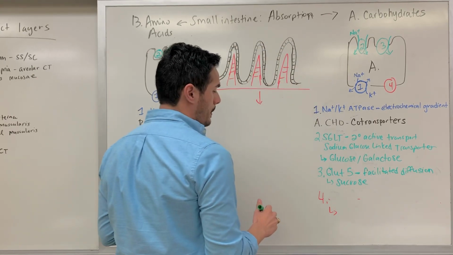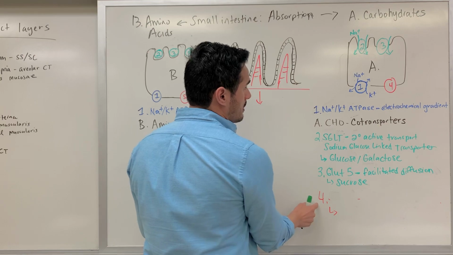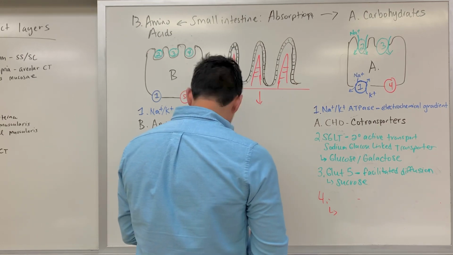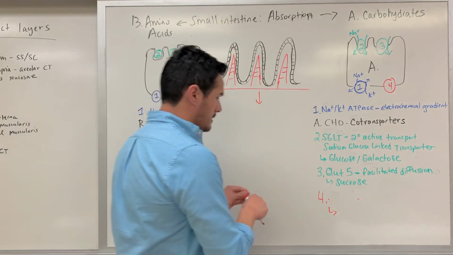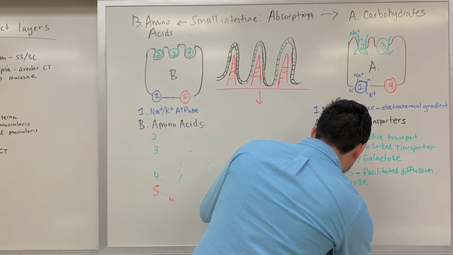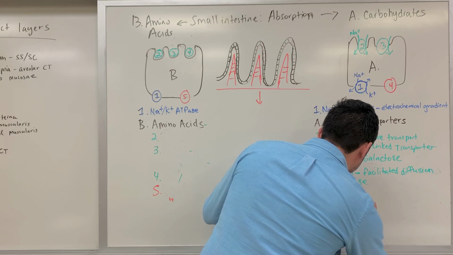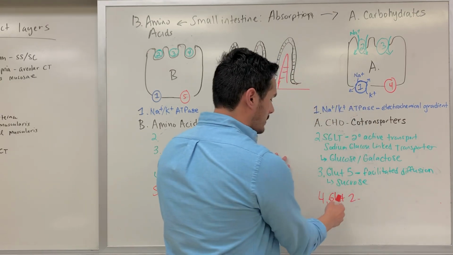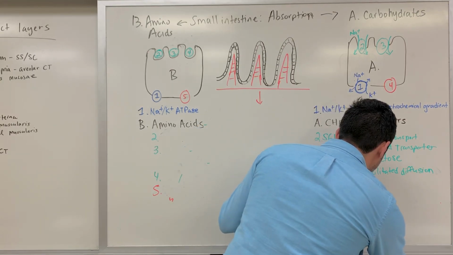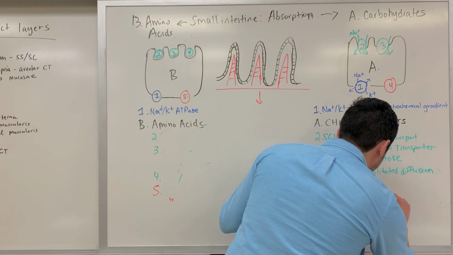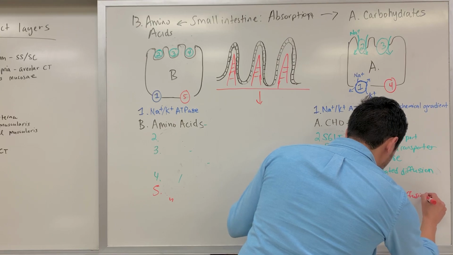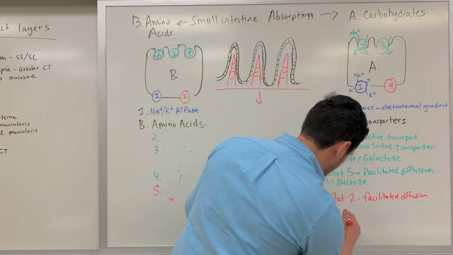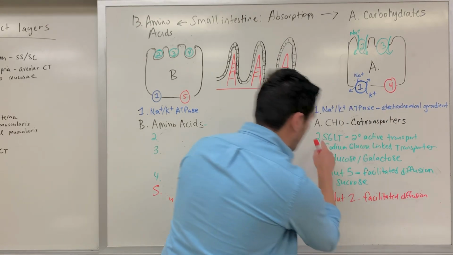Okay, so the next thing, number 4. Number 4 is what's known as the Glut2 Transporter. And this Glut2 Transporter also utilizes facilitated diffusion. And what travels through this channel is all of these, right?